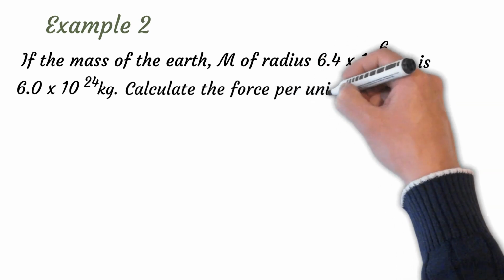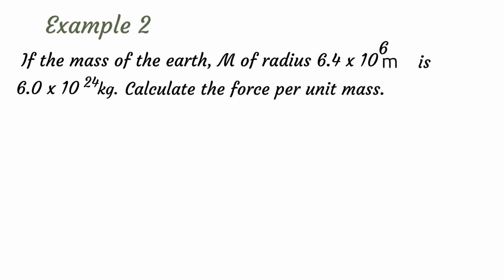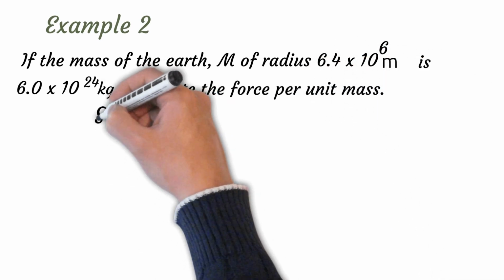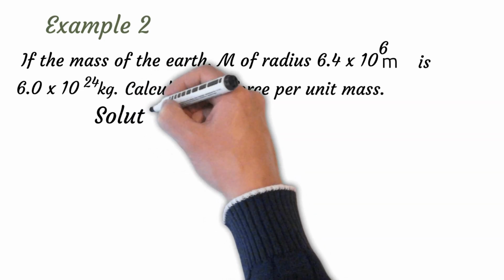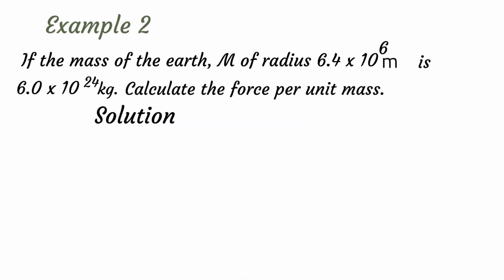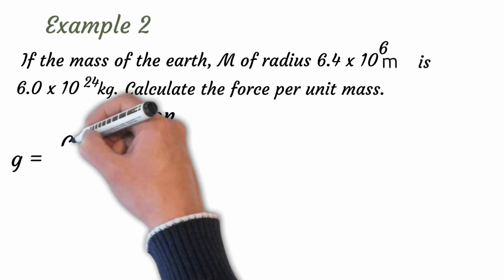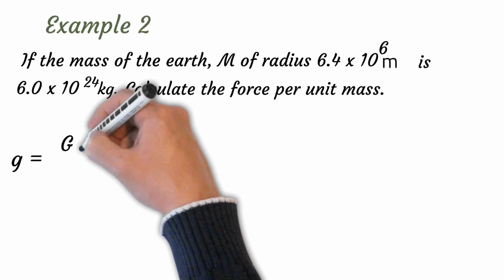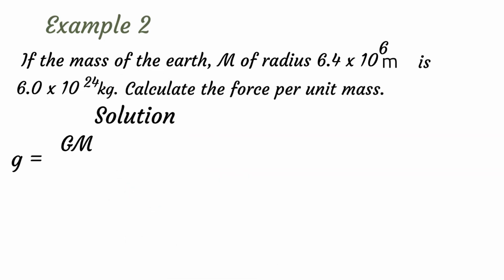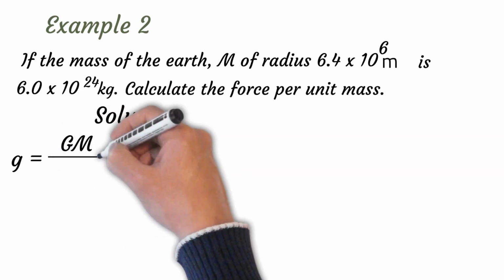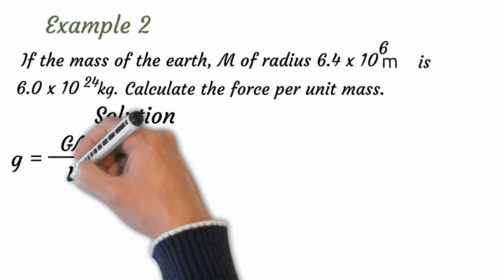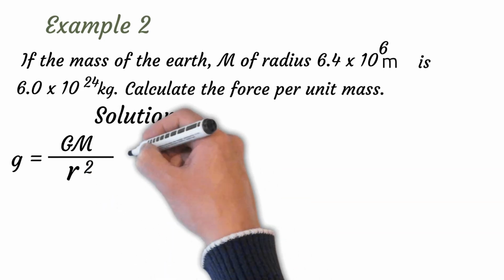Calculate the force per unit mass. Solution. The force per unit mass is g, because g is F over m, all right? And g is also expressed as G m over r square. I've stated that before, okay?